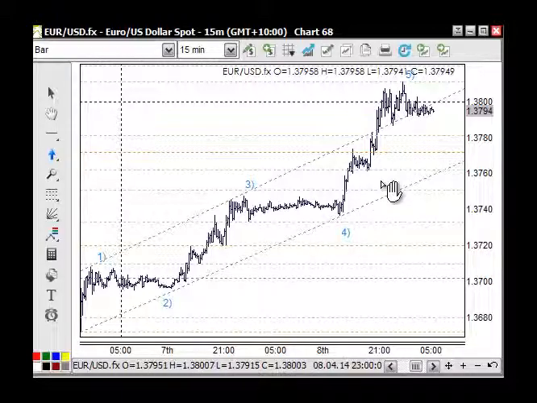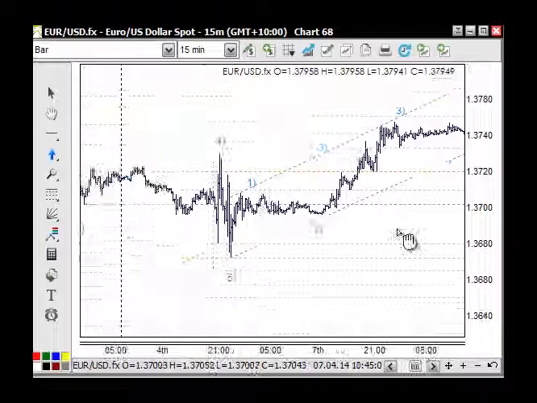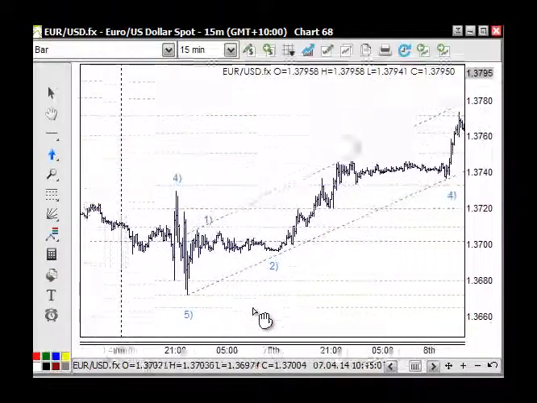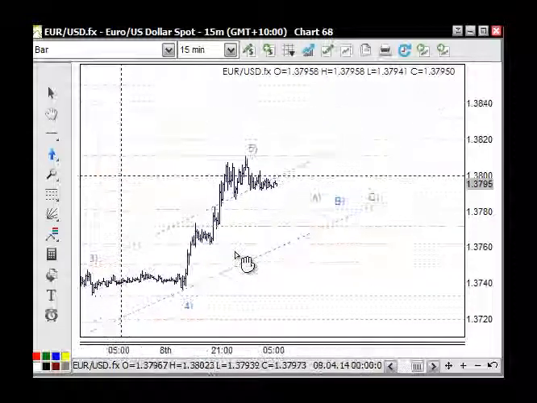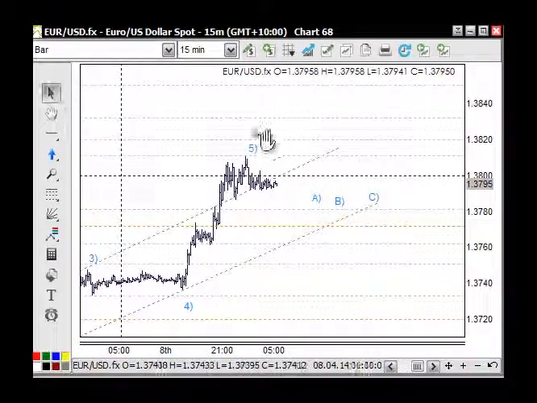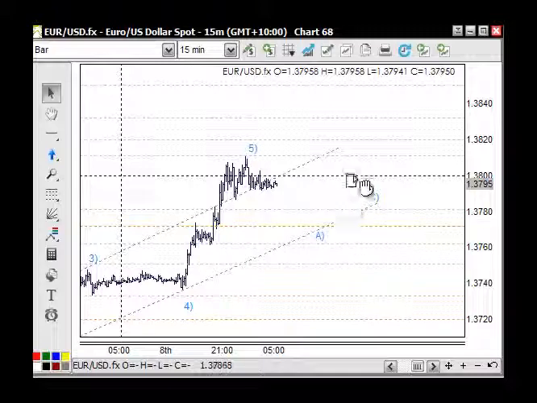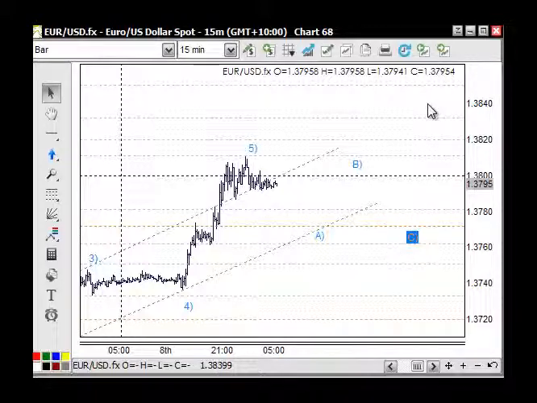Now, I can get into this in a moment, but the main point here is that from this low here, we do have 5 waves up through here, okay? So that means that after 5 waves comes the counter trend. So we can look at an A wave, a B wave, and a C wave as such, and then further to the upside here.